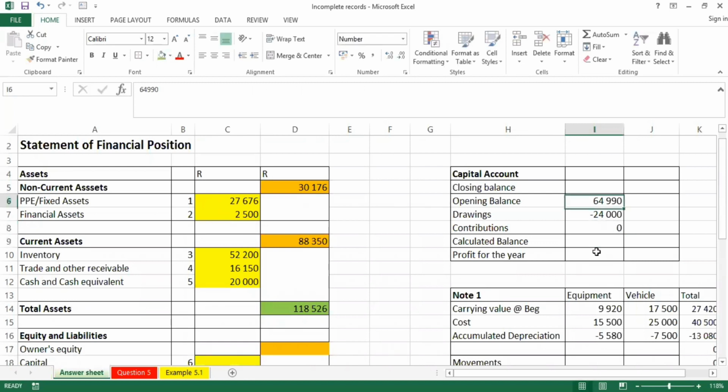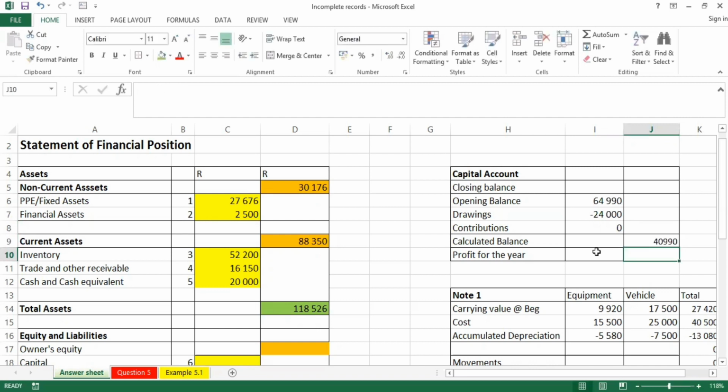In order to get our calculated balance, we have to say opening balance minus the 24,000 for drawings. So let's do that quickly. We say this equals 64,990 minus 24,000, and we press enter.